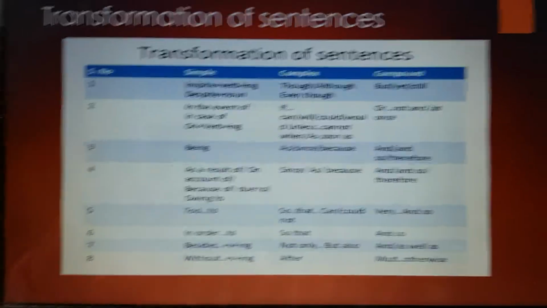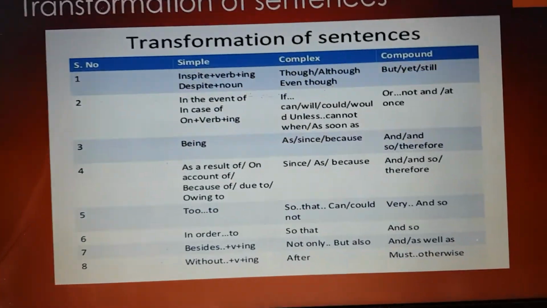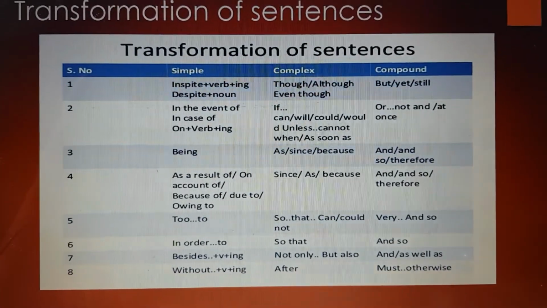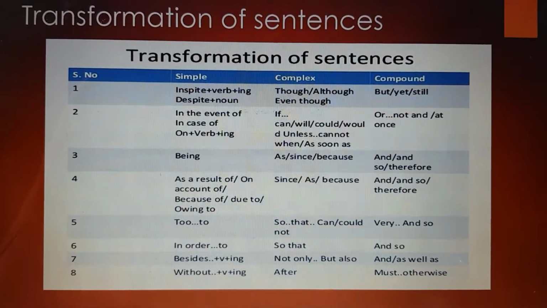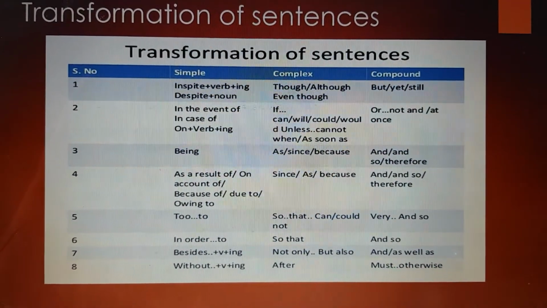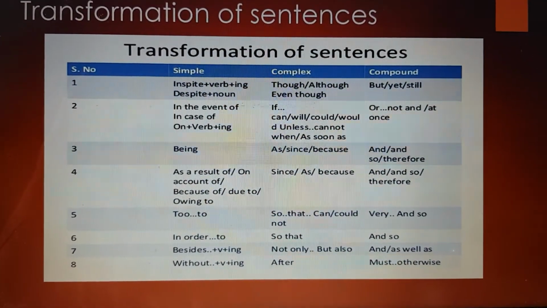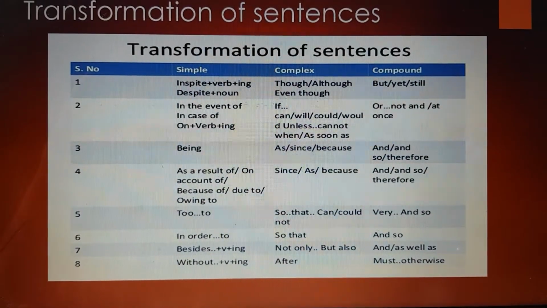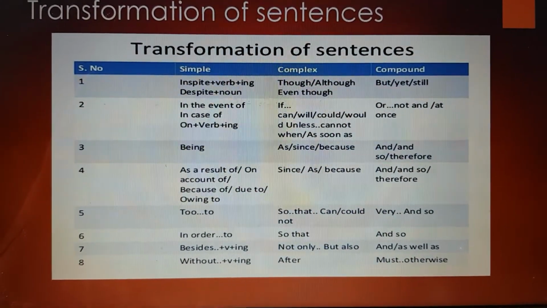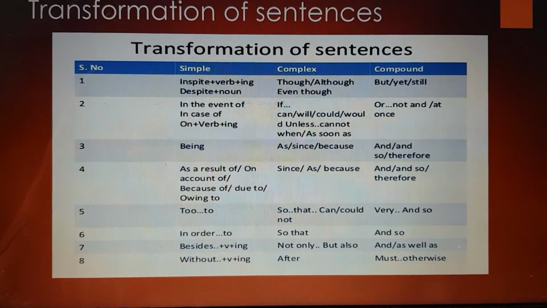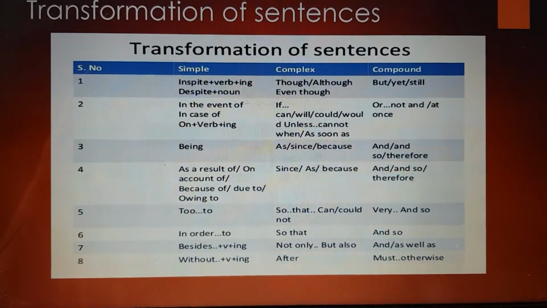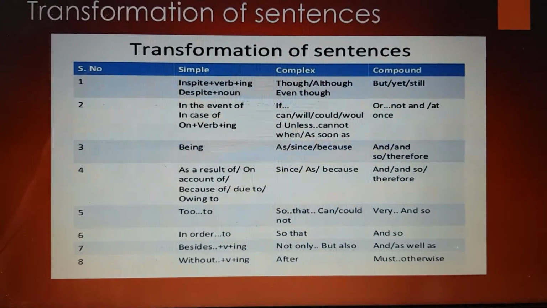So if you look at this transformation of sentences, these are the rules that you need to identify to transform one simple sentence into a complex sentence. Like if you have a simple sentence like despite plus noun, like despite his ill health, he attended the meeting.